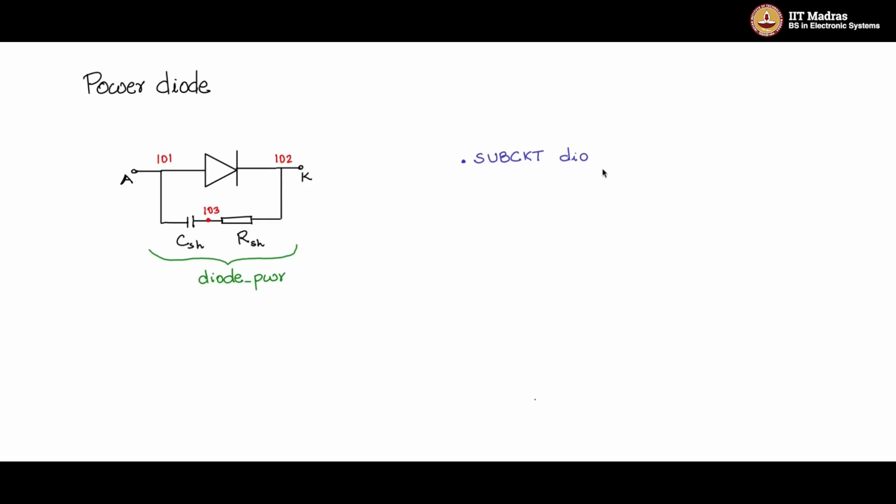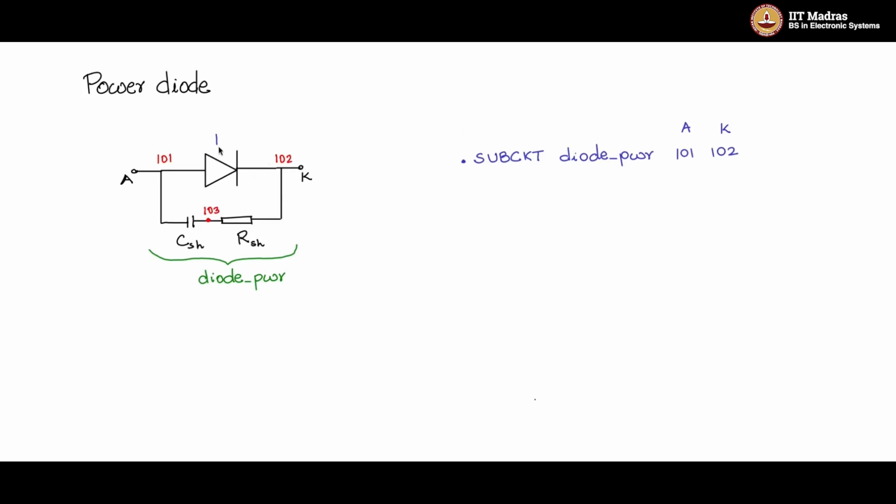So I will just put this name in here, PWR, and this is the consolidated device, and it has two nodes through which it can access the external world, 101 and 102. This is the anode and this is the cathode. So this is how you define this.